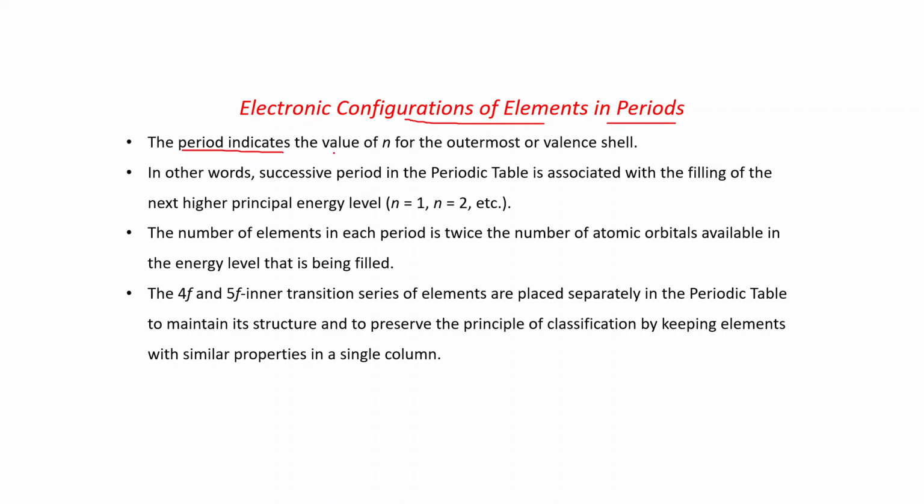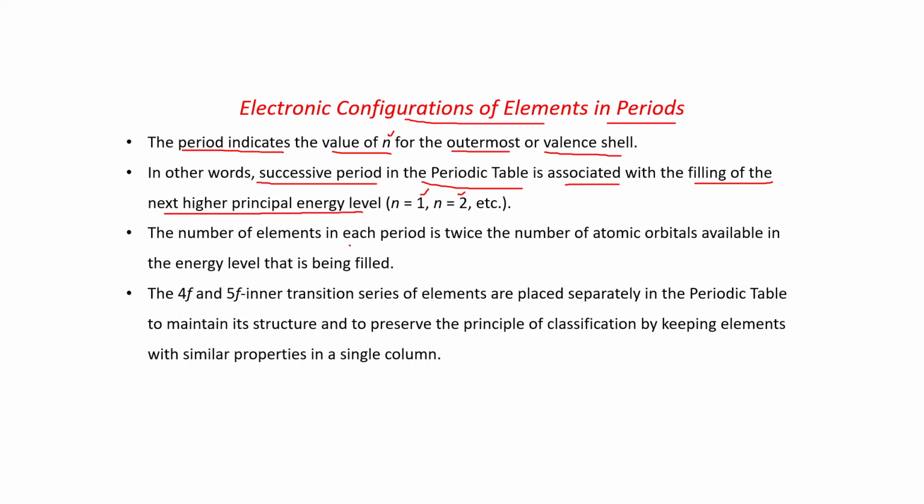Period indicates the value of n. n means the principal quantum number for the outermost or valency shell. In other words, each successive period in the periodic table is associated with the filling of the next higher principal energy level, like n equal to 1 or 2, etc. It means each period starts with the filling of a new principal energy level, like the second period starts with the filling of the second shell, and the third period starts with the filling of the third shell in the same way.